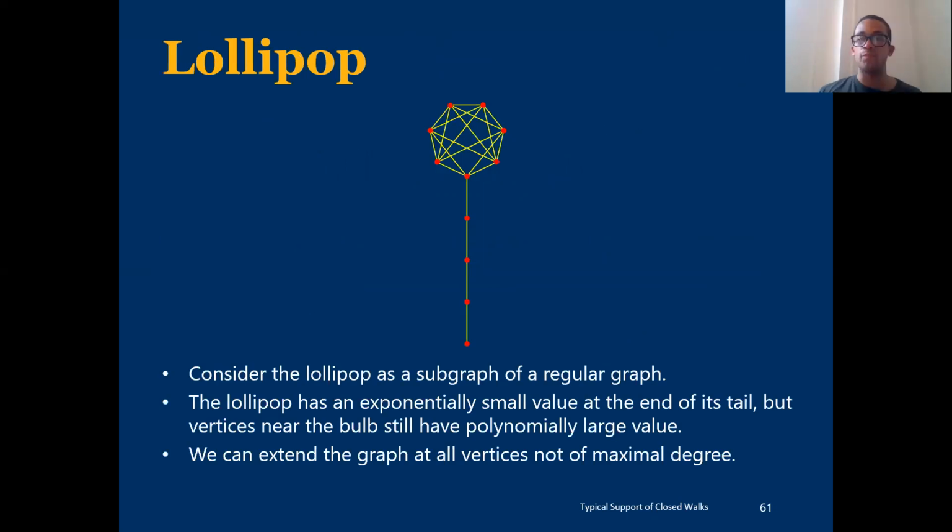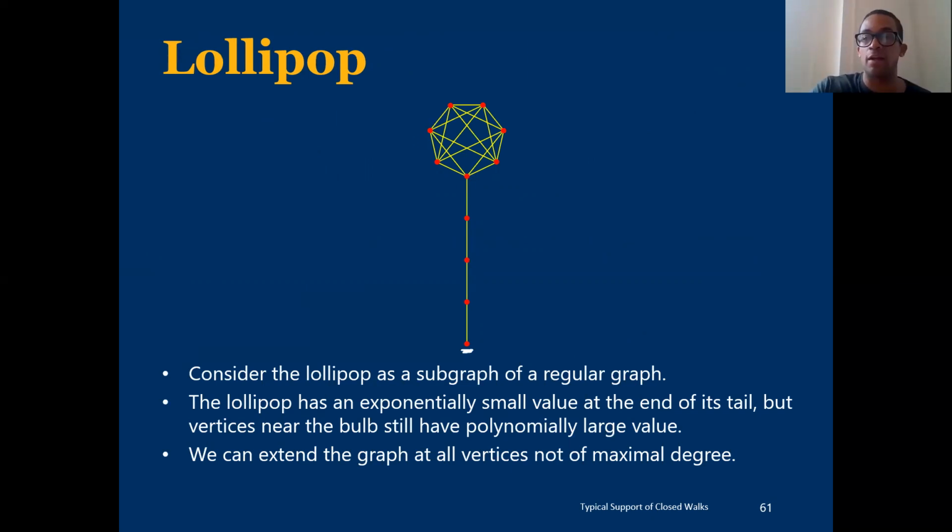Okay, so just giving an example here, this is something that we were worried about in our research, which is the lollipop graph. The reason why we were worried about it is that we know that the entry in the top eigenvector of the vertex at the end of this tail is exponentially small.